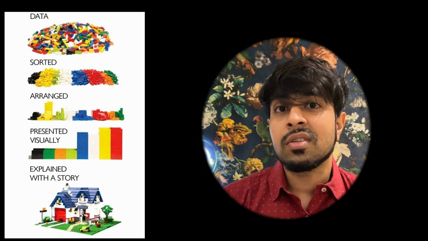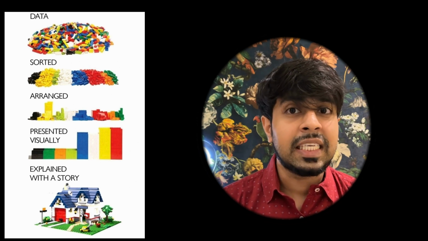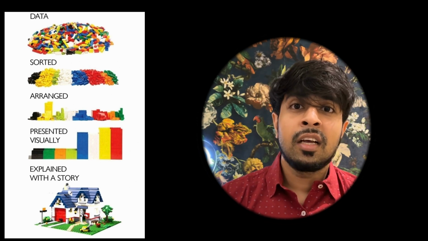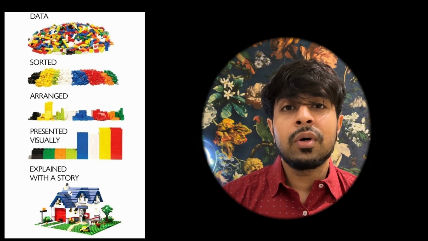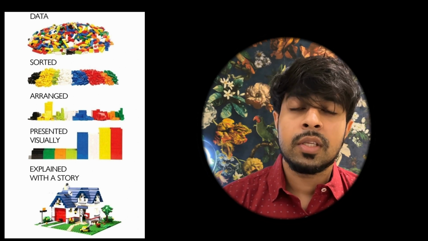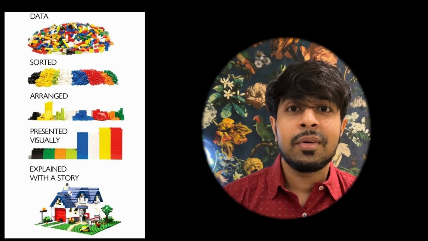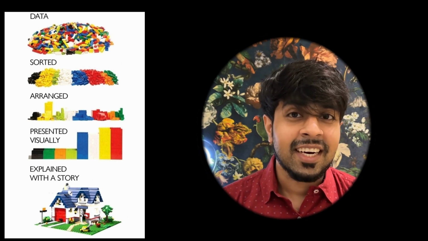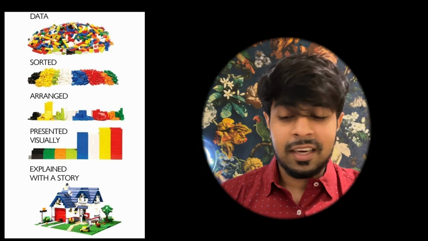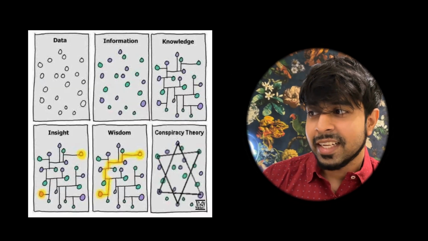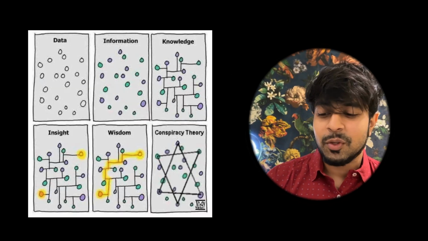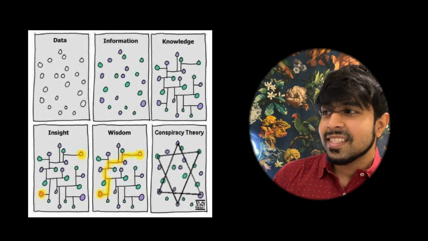Just like a house is built up of concrete, cement, sand, similarly, our perspectives, our belief systems are founded on information. And information is nothing but organized and arranged data. Right? So there's another very cool infographic that gets floated around in the DataViz community, which is this.